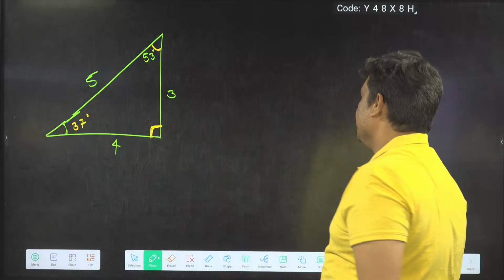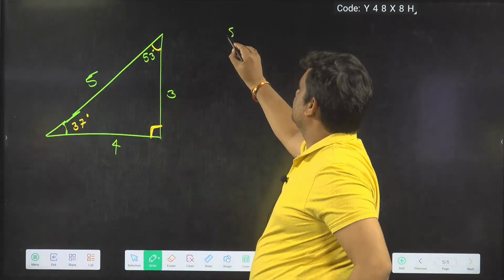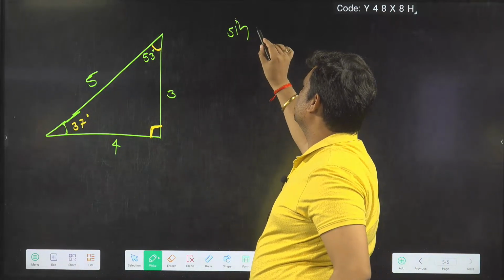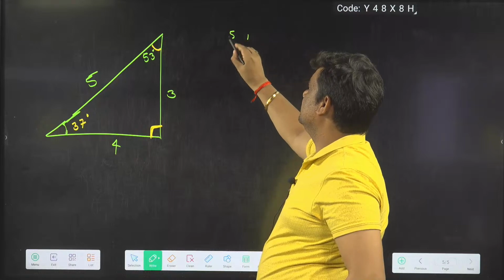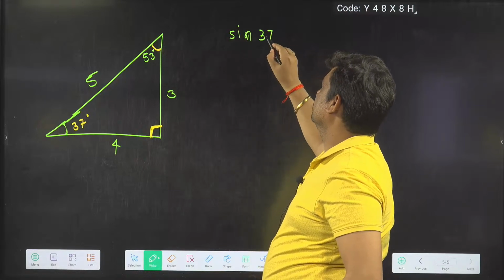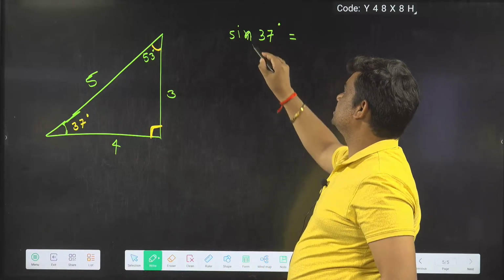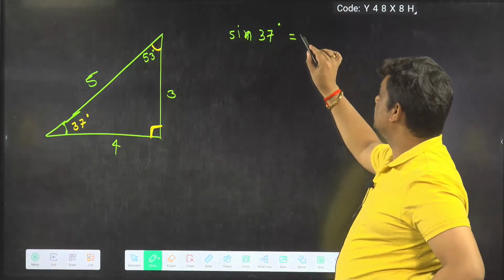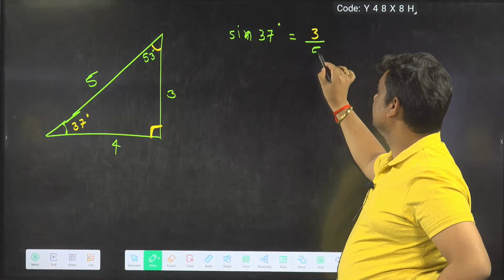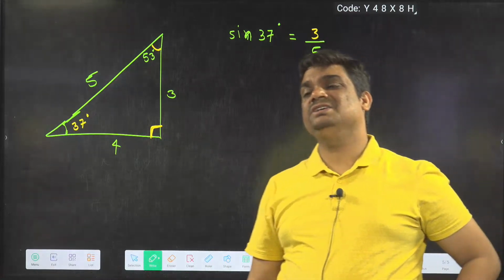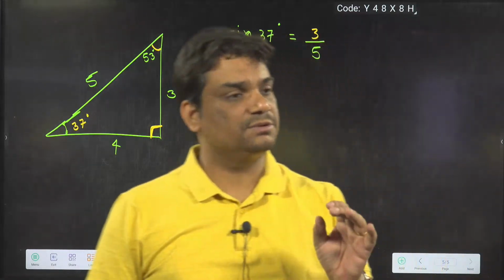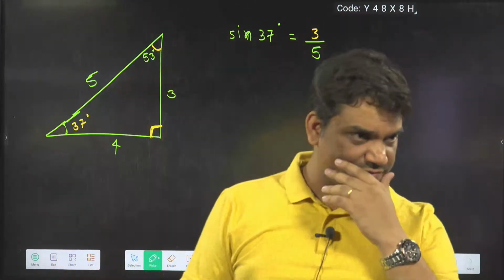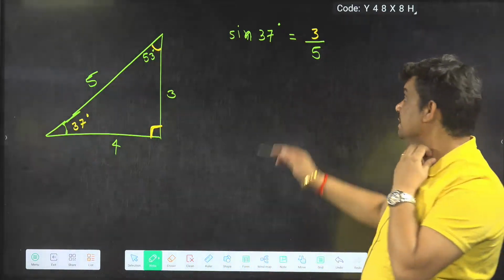If I ask sine 37, you have to see from this triangle and tell the value: sine 37 is 3 by 5. Whenever I ask, you have to say 3 by 5 every time, as we will use it multiple times.